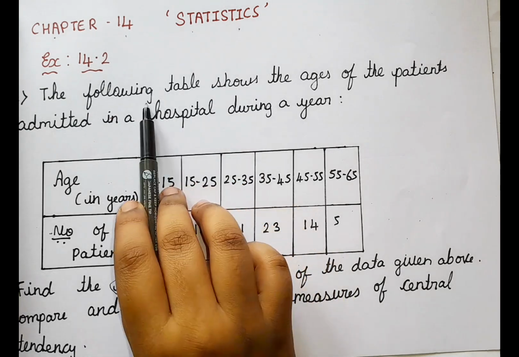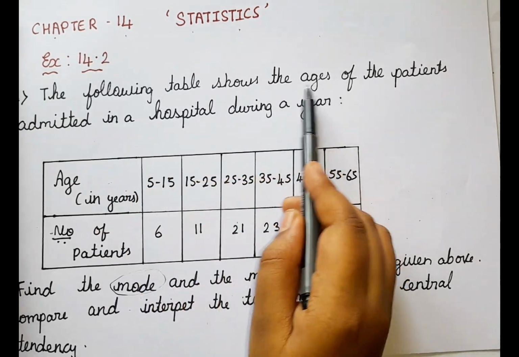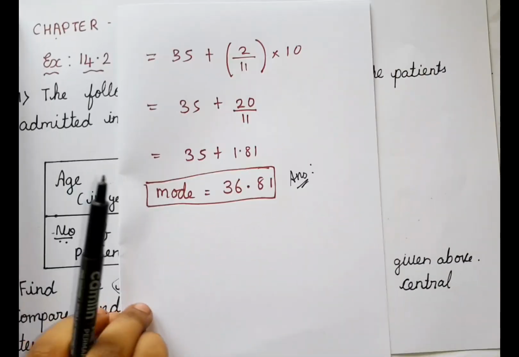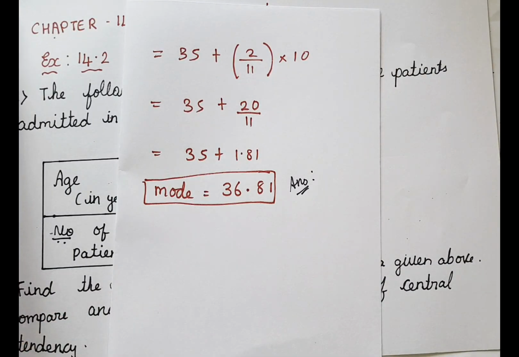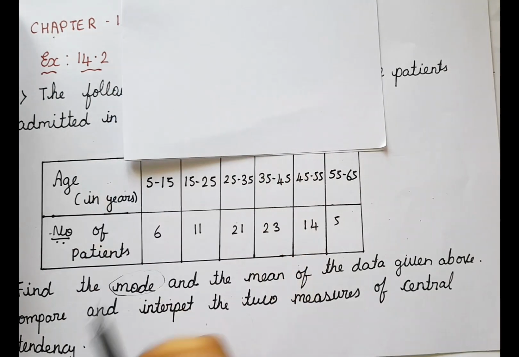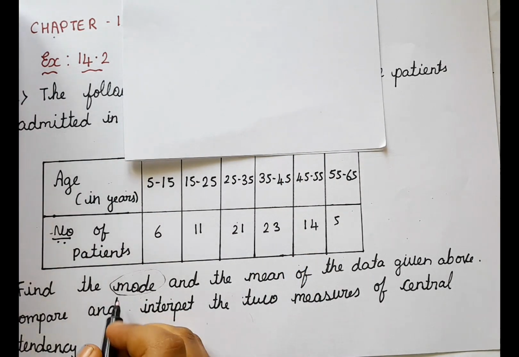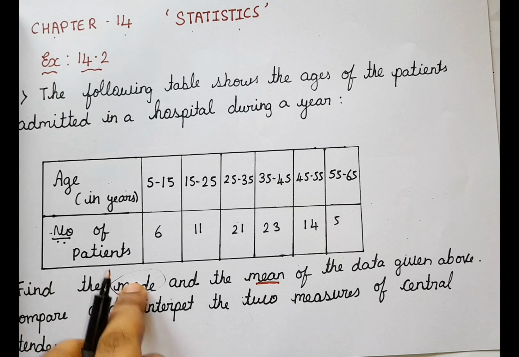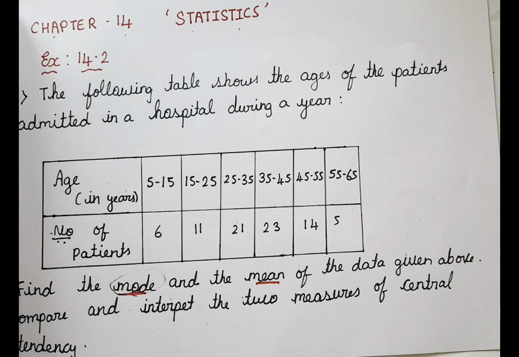So the maximum age of the patients is 36.81. So we found the mode as well as the mean. Read the question properly, because here they mentioned that we should find the mode as well as the mean. Likewise we just found it.